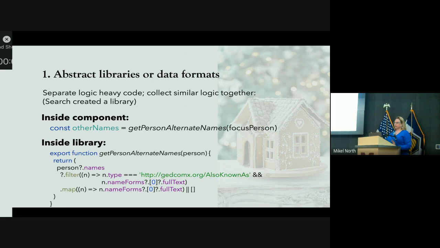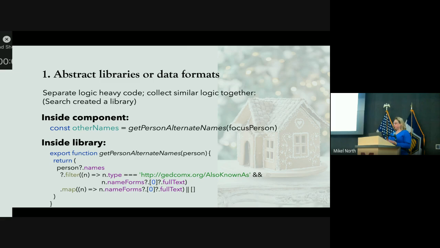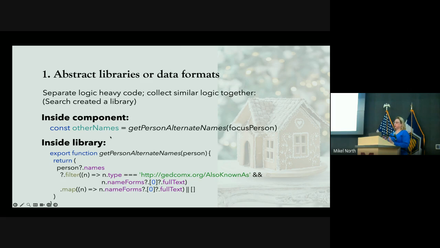It's like, why is this a mess and why does it have to be this way? But it has to be this way until they change the format. And so I wrote this function that works with this format, and then you can call it. So inside my component that has all the UI, I just call this function, and in my library, I do all the hard stuff. So they're completely separate, which is great until they change the data format.